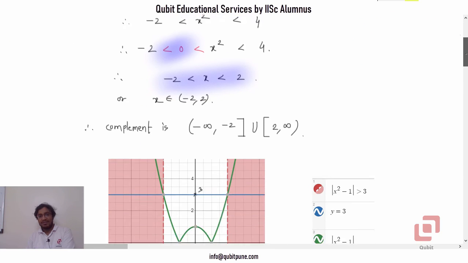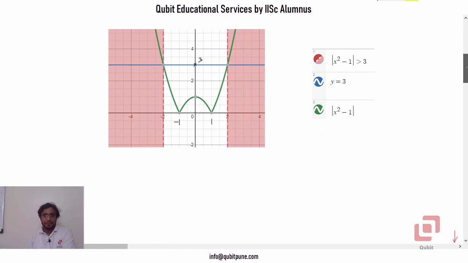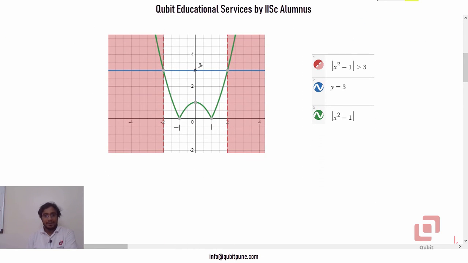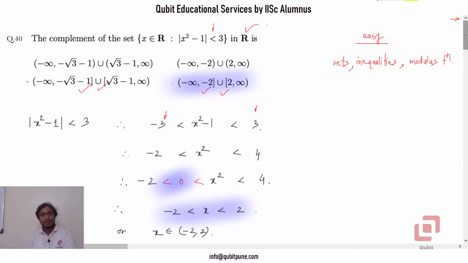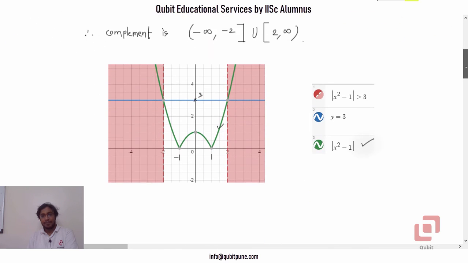Now this is the graphical explanation to that. The green colored graph that you see is that of the function x squared minus 1. What they want us to determine is the complement of the set mod of x squared minus 1 less than 3. So basically they want us to determine the set mod of x squared minus 1 greater than or equal to 3.